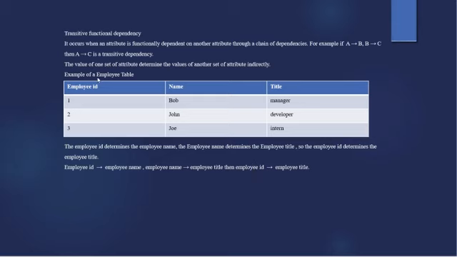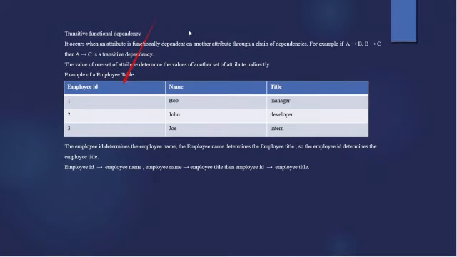On this table, we can see that we cannot know the employee's title unless we know the employee's name. It is not possible to have a transitive functional dependence with only two attributes; it starts from three or more attributes.